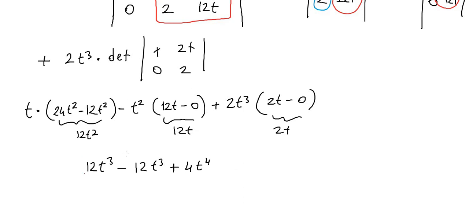Here, those two cancel out, so our answer is 4t to the 4th. And this is not equal to 0, so our functions are linearly independent because our Wronskian is not equal to 0.